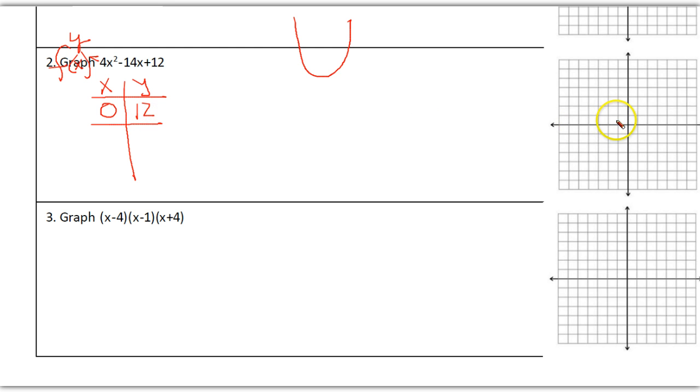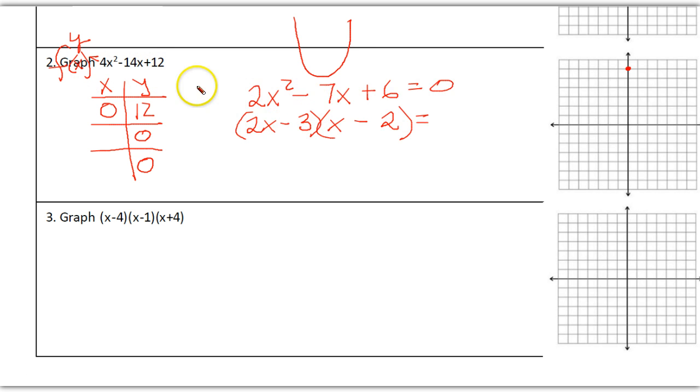So we're going to make this graph in twos. So 2, 4, 6, 8, 10, 12. Right there. And if y is 0, and if we were to factor that, if we factor out a 2 from each of these and put it in standard form, it actually factors nicely.